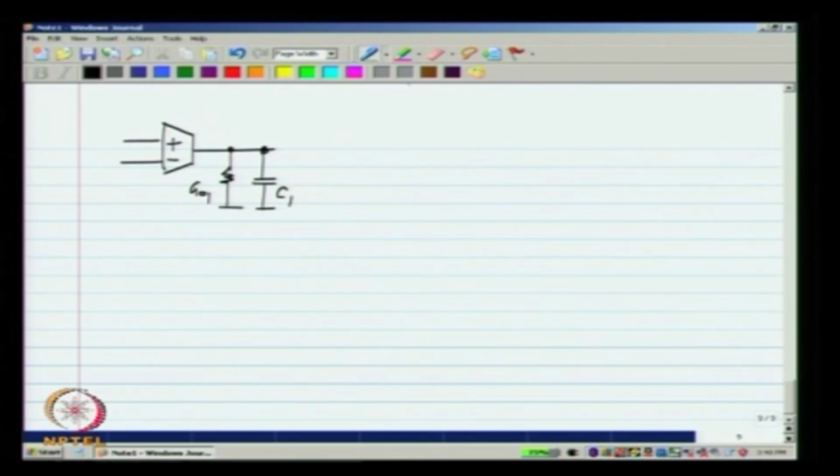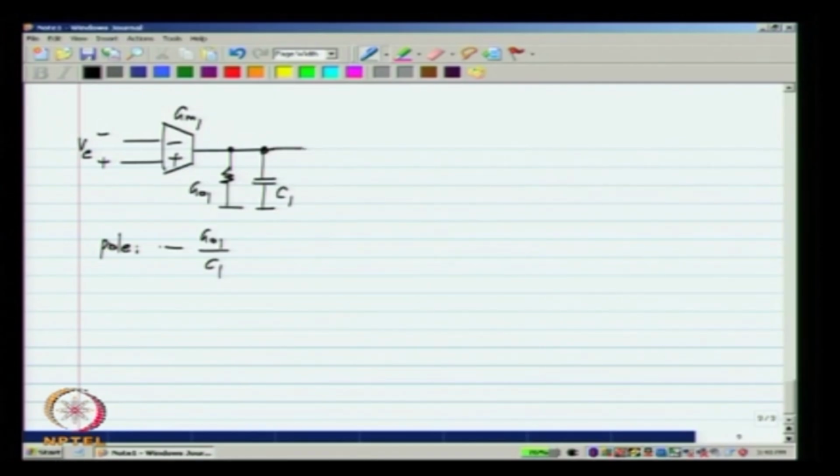Let me just call the capacitance C1 and this conductance GO1, that is simply the output resistance of this conductance GM1. Now, you can work this out and you will find that the pole is at minus GO1 by C1. I will not do the analysis here.